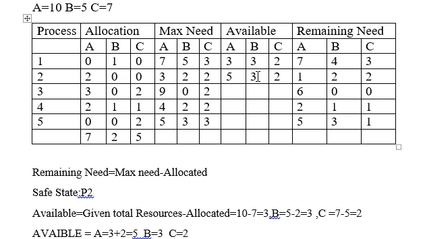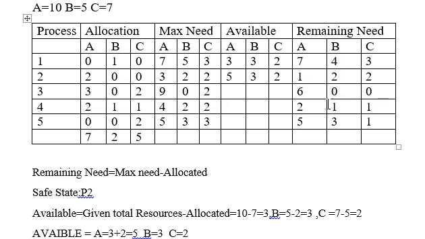Next, check for the next process, that is process 3. The remaining need it has is 6, and we have 5 for resource A. So definitely we need not check the further resources because it doesn't suit here itself. Next, check for process 4. Process 4's need for A is 2, and available is 5, so yes, we can serve.